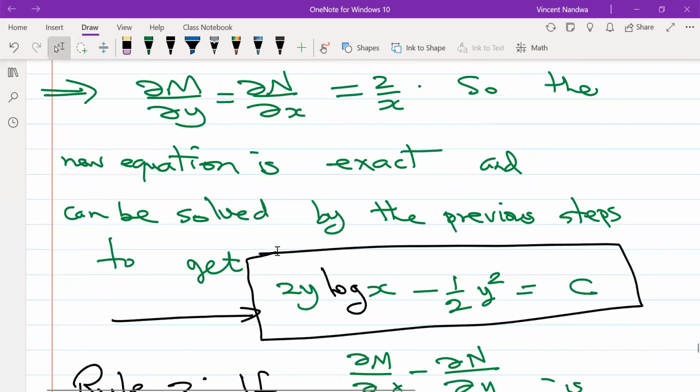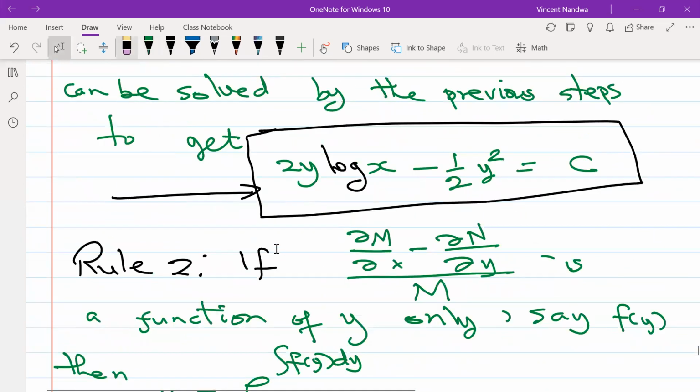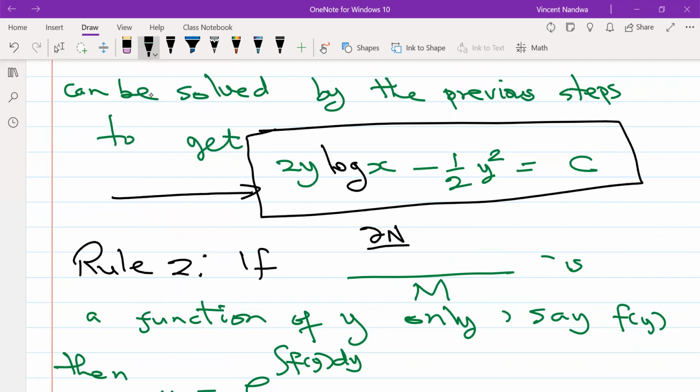Remember, in the definition here, this should be partial M and this should be partial N. So you subtract partial N partial x from partial M partial y.